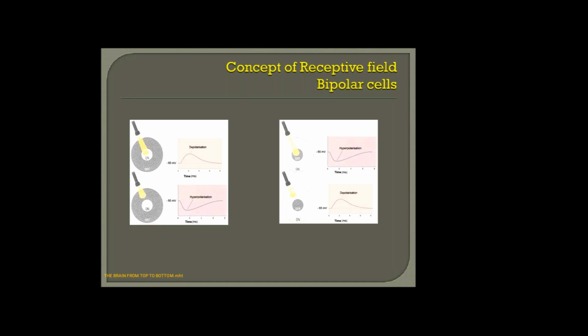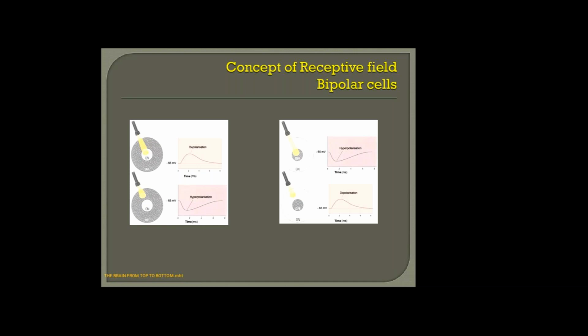If light falls at the periphery, on the off side, it degrades down. That is known as hyperpolarization. The same thing happens in the opposite phenomenon for the off cell, when light falls at the periphery of that off cell, that means at the on region.